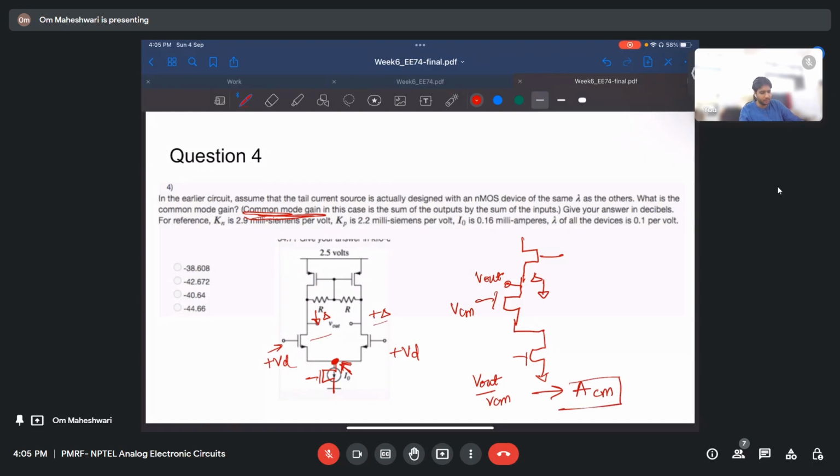Solving it is simple, just using the equation GM VGS plus GD VGS. Please try it out.